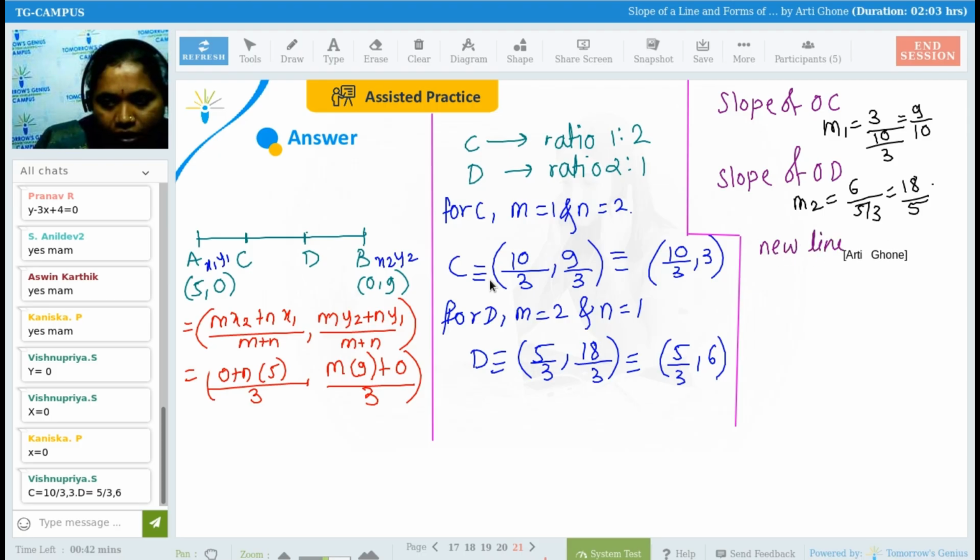Now we have a new line. First I'll design the new line. What they have told us, the direct formula, y is equal to (m1 plus m2) times x.